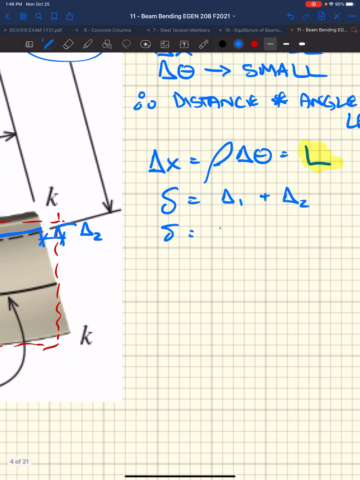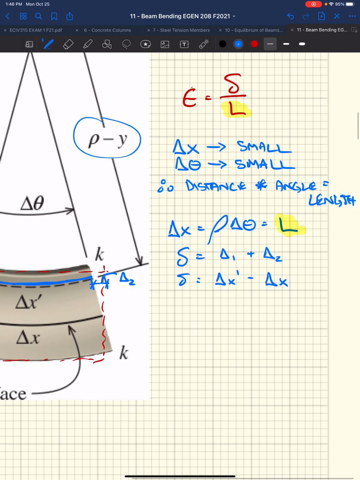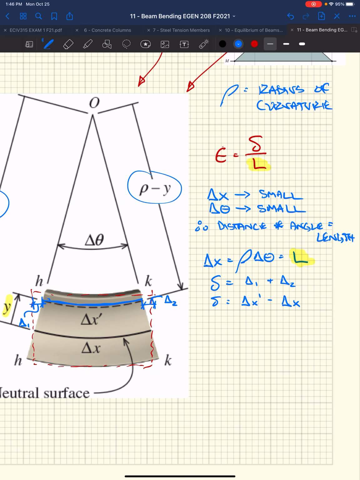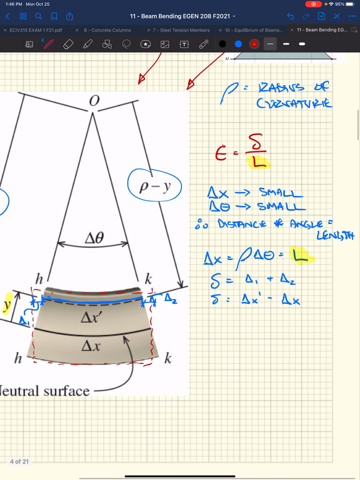So we could say delta x prime minus delta x. Wouldn't it be delta x minus delta x prime? No, because we need the sign. We need to know that this is negative, because it's under compression, it's getting smaller. This is a negative number.